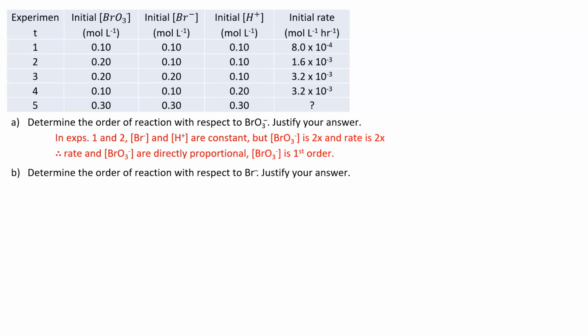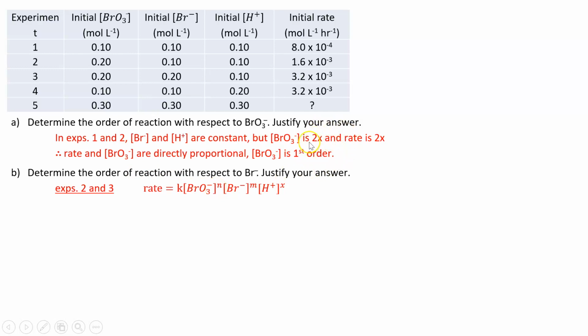Now we want to determine the order of the reaction with respect to bromide, Br minus, and justify the answer. Alright, so I want to pick something again where everything except for bromide is the same. I'm going to go with experiments 2 and 3. Again, I'm going to do the mathematical method on this one instead of just working it out with words.